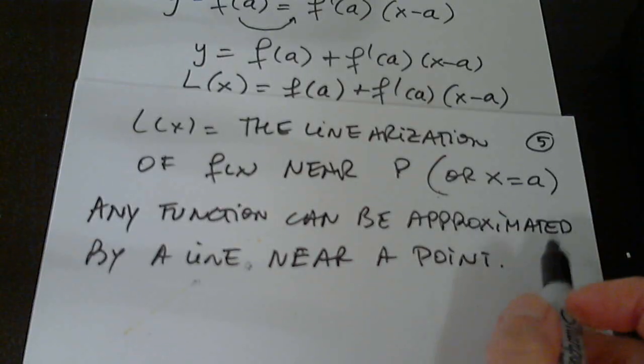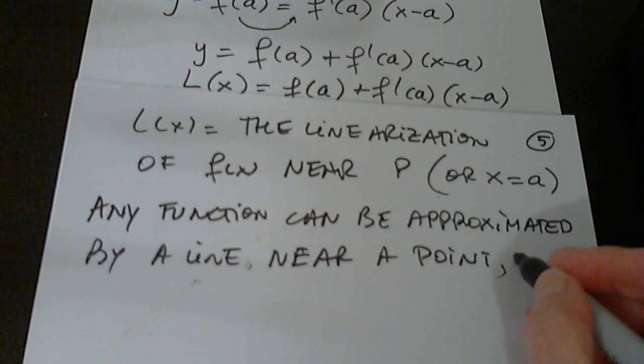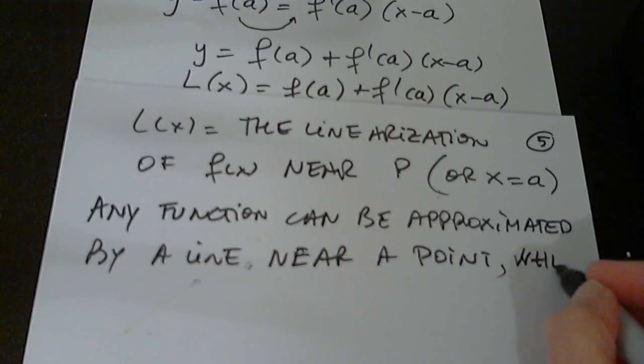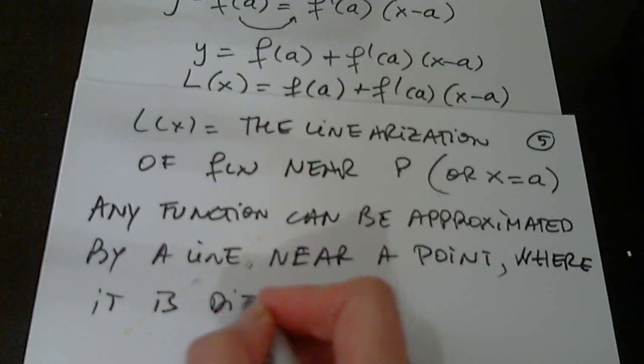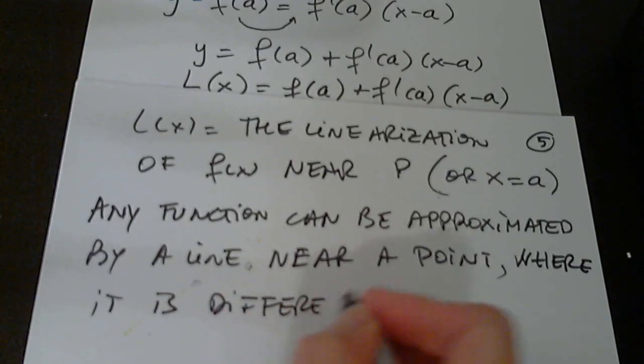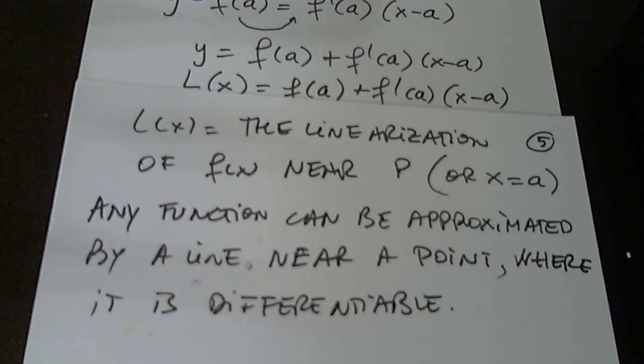But any function can be approximated by a line near a point. Maybe I should write this, where I should say it is differentiable. I want to practice this with a couple of examples, and then we'll come back to the rest.